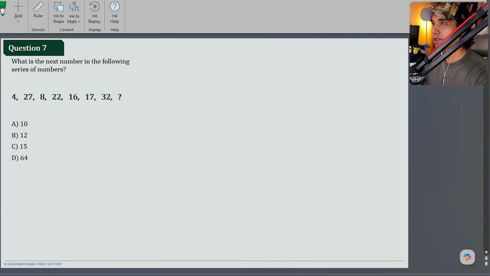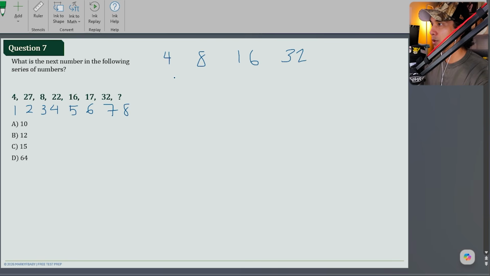So I'm going to do this. I'm going to number them. 1, 2, 3, 4, 5, 6, 7. And what we want is 8. Okay. Now I'm going to group the odds together. 4, 8, and then 16, and then 32. Okay.